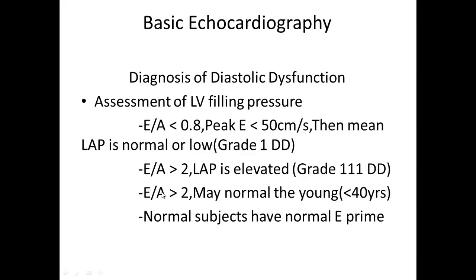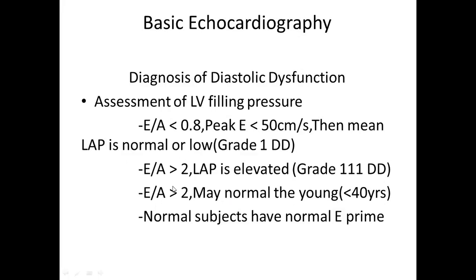However, E to A may be greater than 2 in normal young individuals, less than 40. So someone who's 20 and has an E to A ratio greater than 2, don't call them restrictive physiology because that's normal. However, if they're greater than 40, then that's probably restrictive physiology.